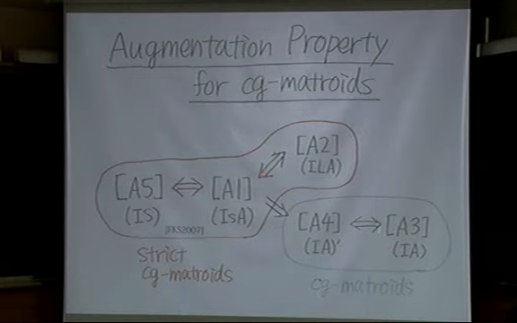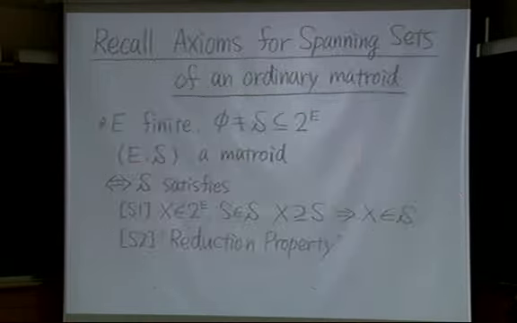And before, we characterized by A3, but also A4 type characterizes ordinary CG matroids. So in the ordinary case, all augmentation properties are equivalent, but in the CG matroid case, it separates into two parts, something like this. And okay, now I will talk about spanning sets.